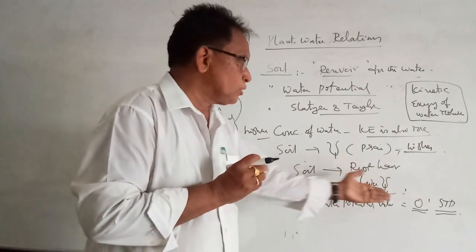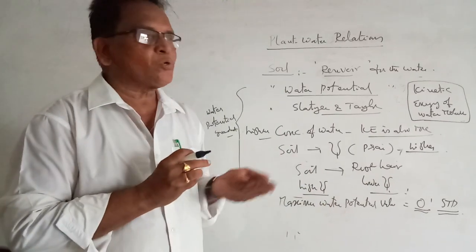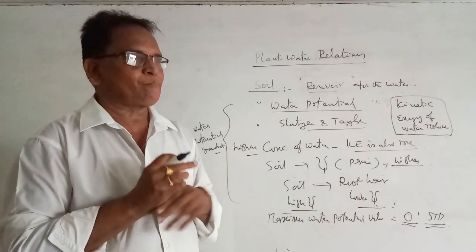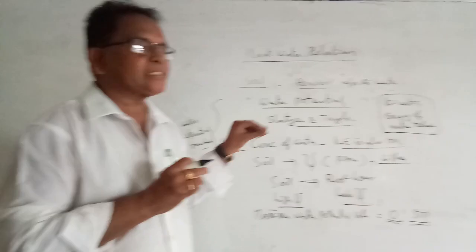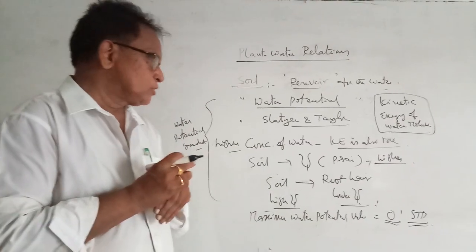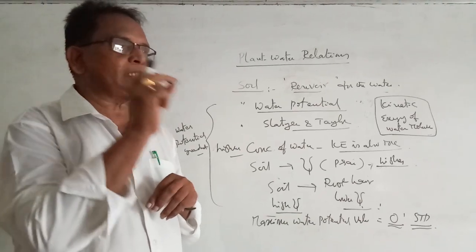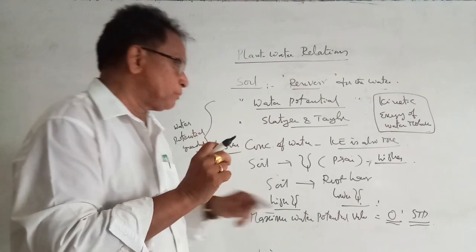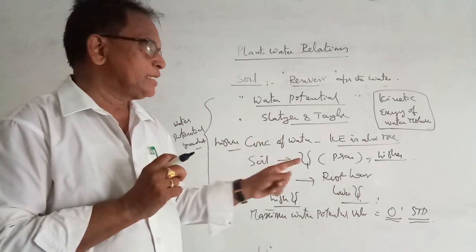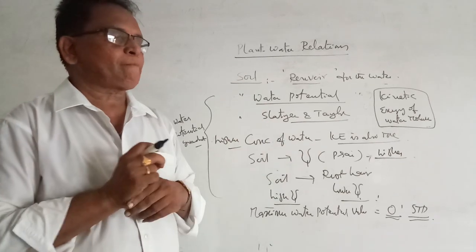The water potential is also known as its chemical potential. So water potential for pure water is always 0. That is the maximum value at standard temperature and pressure.